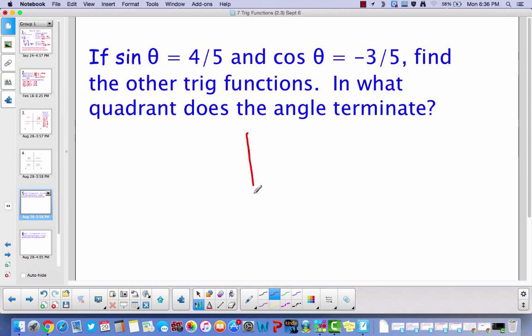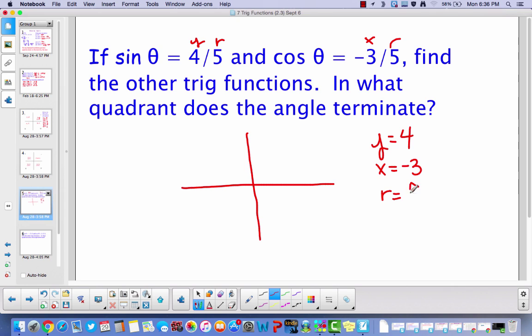So let's draw what that picture looks like. Okay. Remember, this is my y, this is my r, this is my x, this is my r. So my y is 4, my x is -3, and my r is 5.